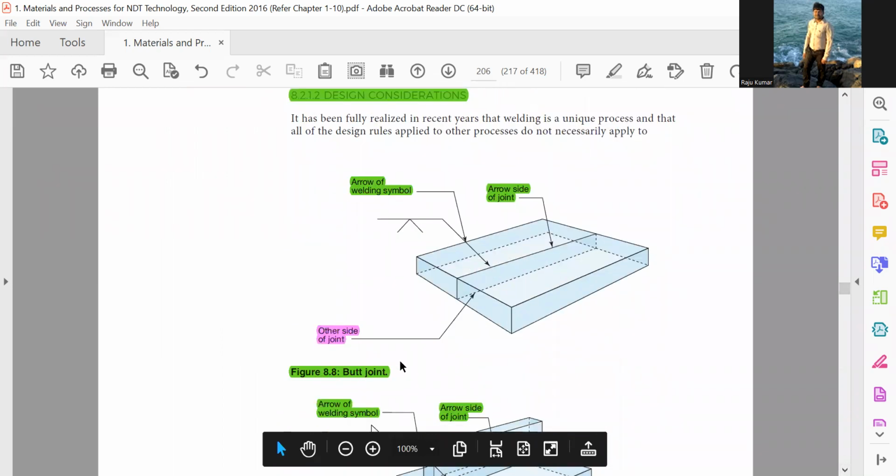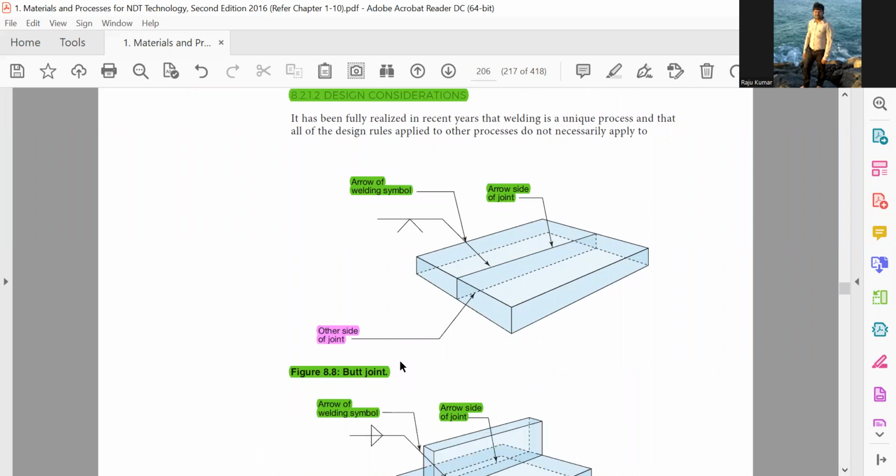Butt joint. The joints are of these types. Arrow of the welding symbol, arrow side joint, and other side joint.